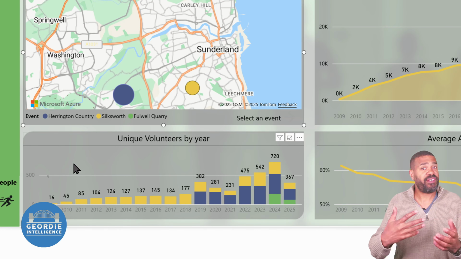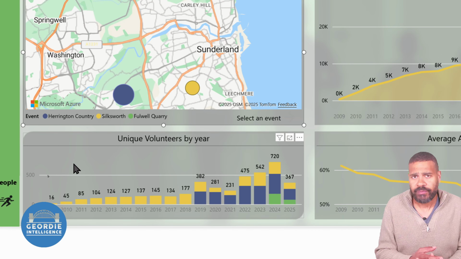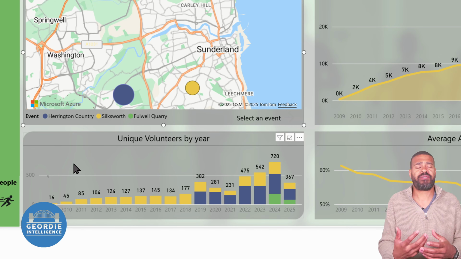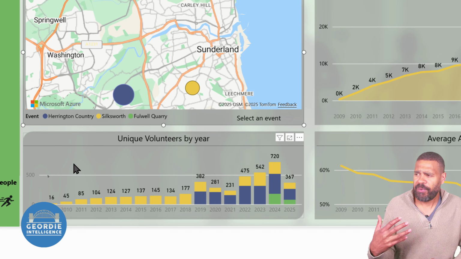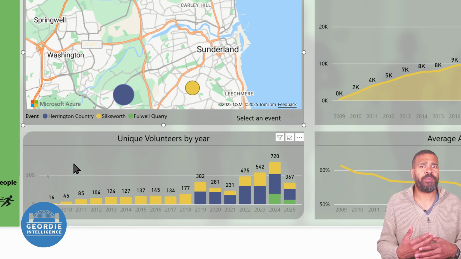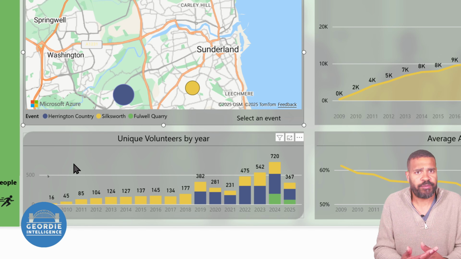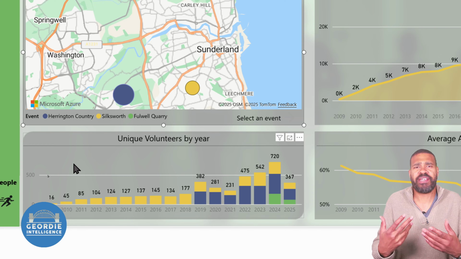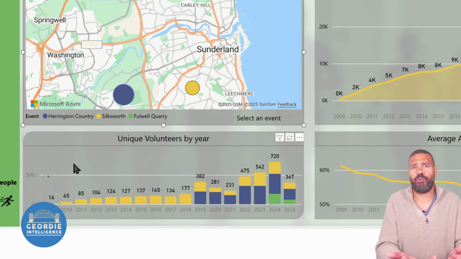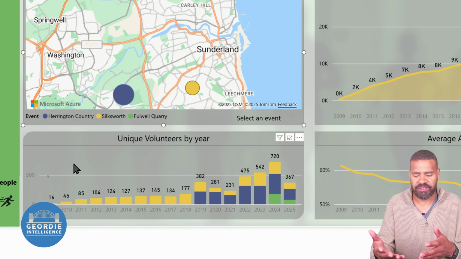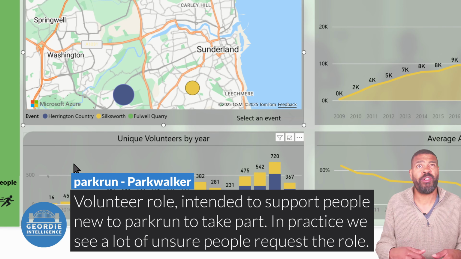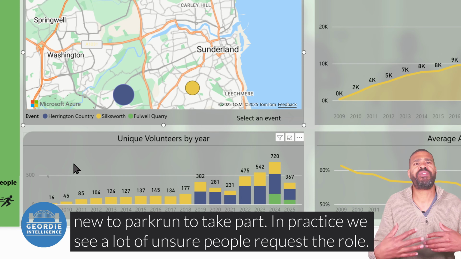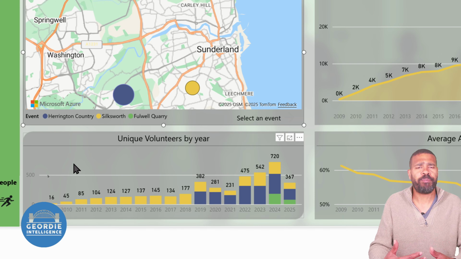So at Jesmond Dean, even just on Saturday, a lady was speaking to me saying, actually, I'm non-obviously disabled. It was really nice to come and to be spoken to politely by the volunteers, to be encouraged, to be supported as I walked around the route. She was a park walker because she was volunteering. And it was something that she felt she'd been intimidated by, I guess would be the right word, although she didn't use that, but she didn't feel able to come because she was concerned.